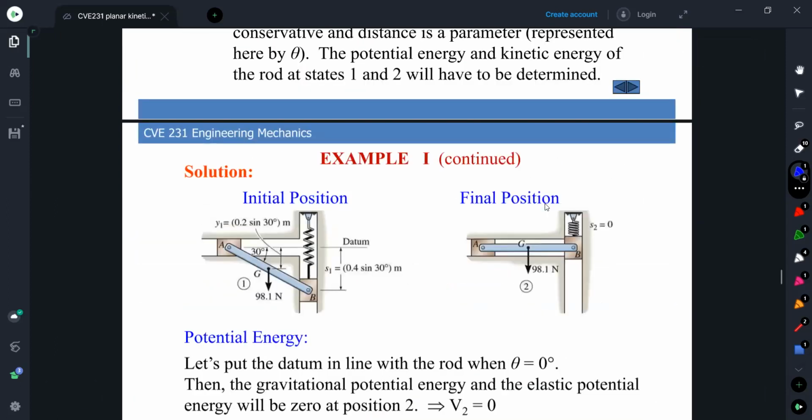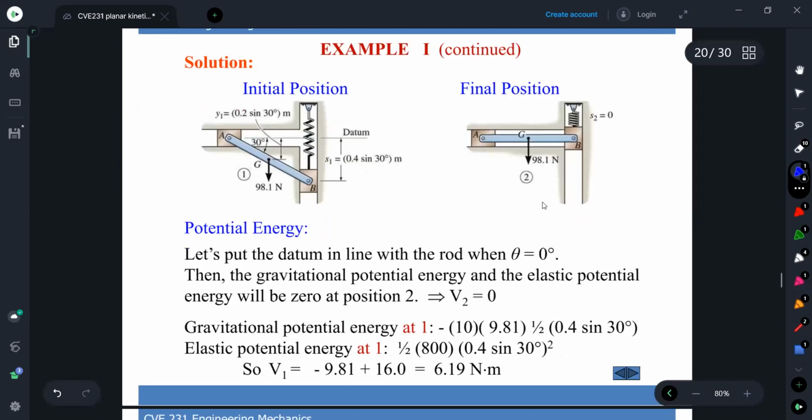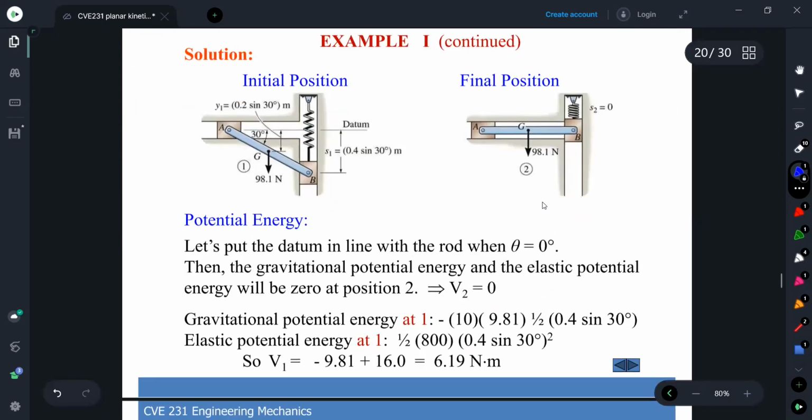We start by drawing the initial position and the final position, and we set up the datum. We set this line to be the datum.